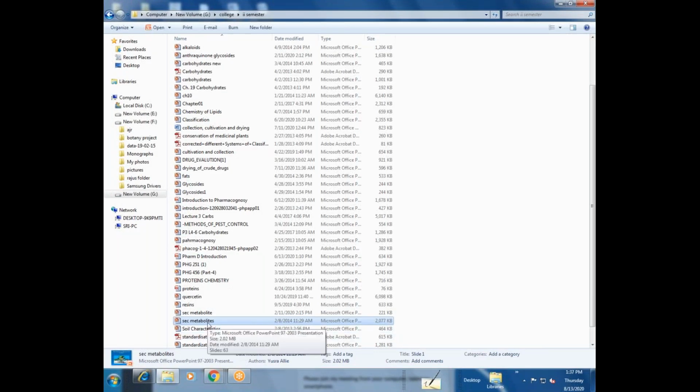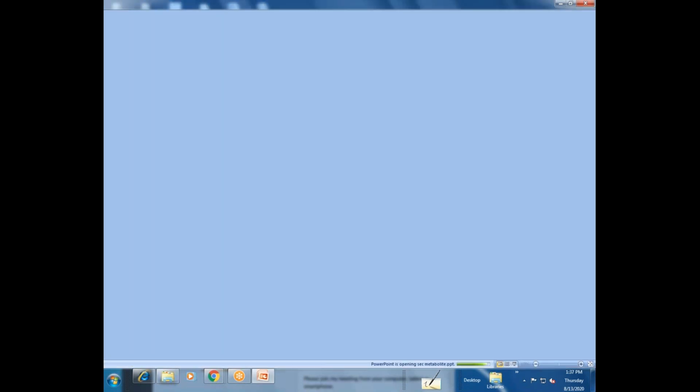Others: alkaloids are the organic chemical substances which are basic in nature, which contain nitrogen in a heterocyclic ring structure.